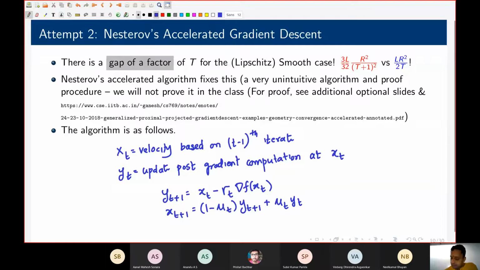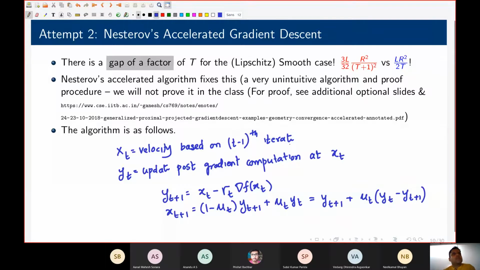So you can rewrite this as yt plus 1 plus mu t times yt minus yt plus 1. I've just rearranged it. So I'm basically now computing my momentum for the next step in xt.